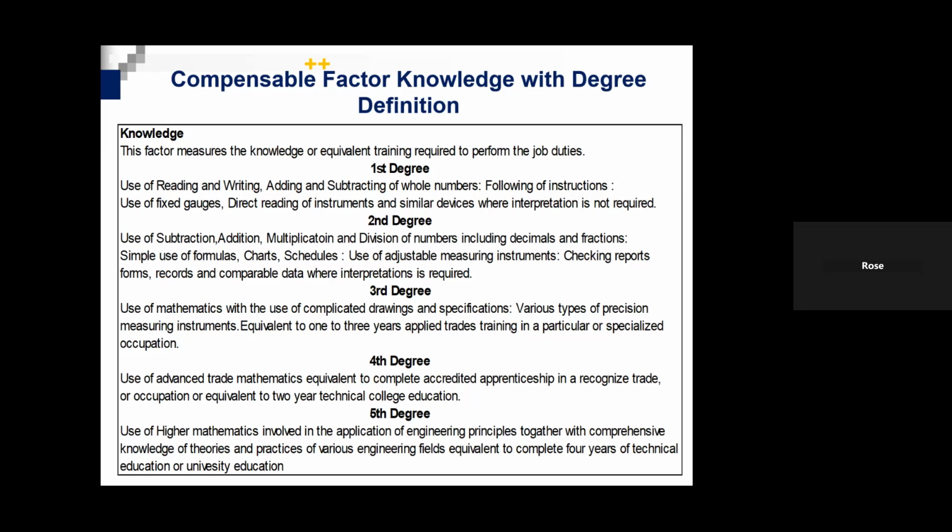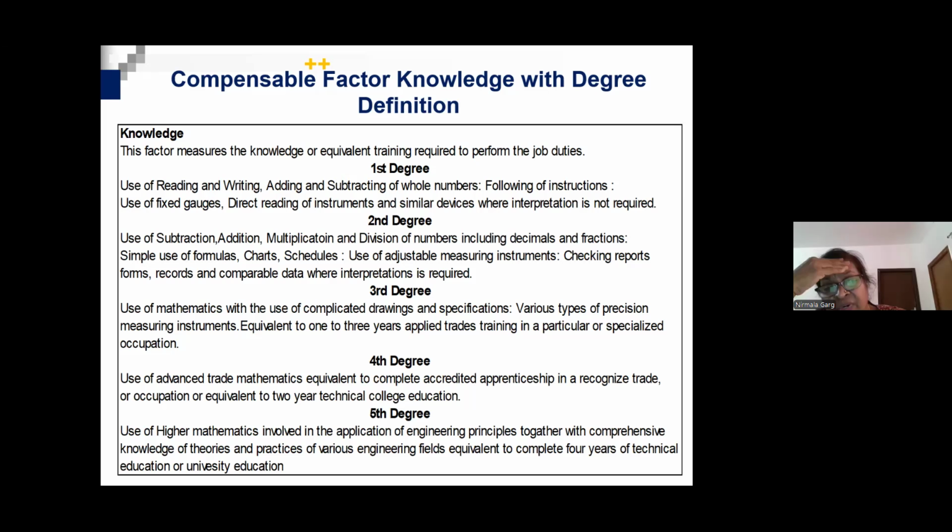So it is to some extent quite simple, right? That means somebody doing a job at a lower level, if I write this as knowledge, this is what he will require. But look at the fifth degree, or you can read the fourth degree. It's a big difference from the first one.